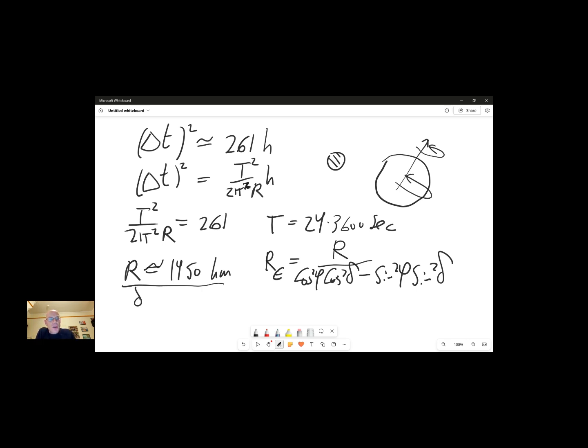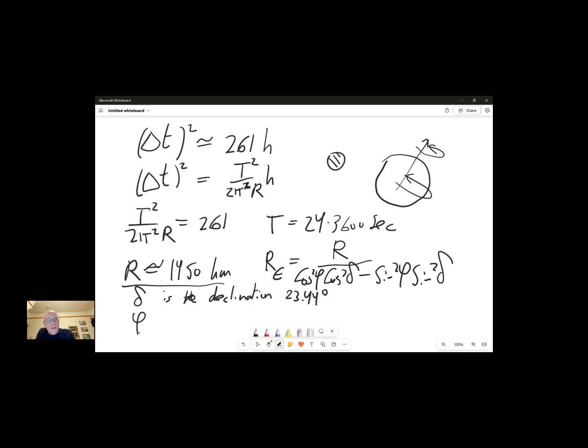And the relevant declination for mid-December, when I carried out the experiment, is 23.44 degrees. And phi is the latitude.